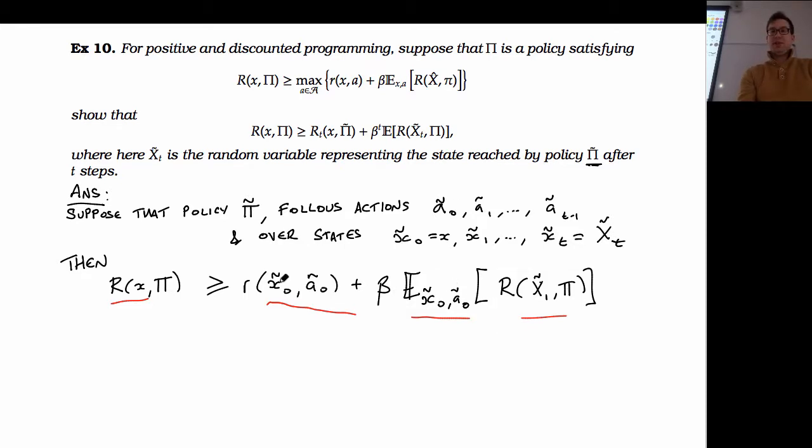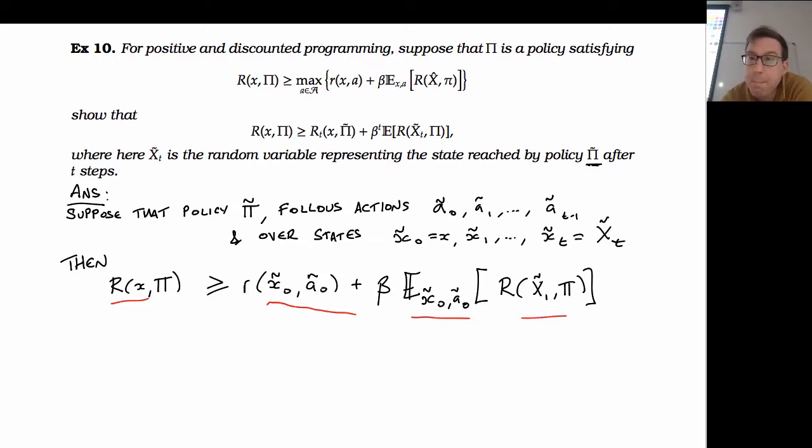So now I've made a substitution in here and got an inequality, and then I've got something similar again. So what I'm going to do is do the substitution another time, and I just keep on going, right?